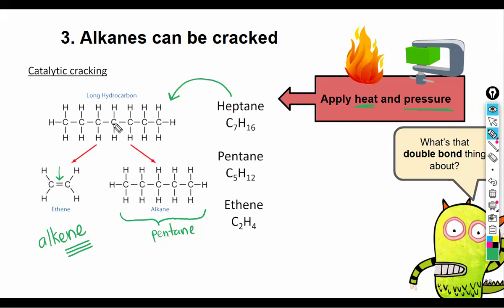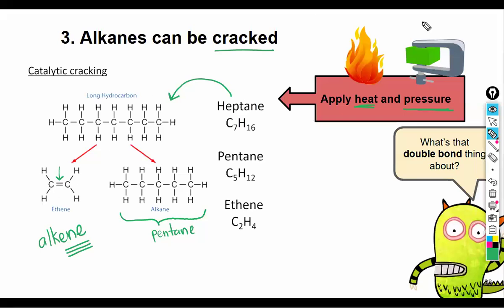So anytime you take an alkane and you crack it with heat and pressure, it always breaks up into a regular boring alkane and an alkene. That is how it breaks up, right? And this is a very useful process.